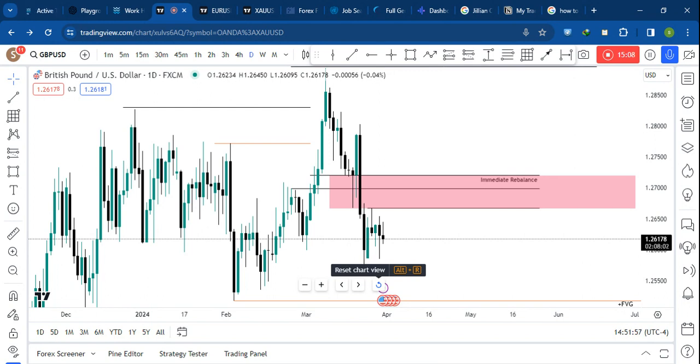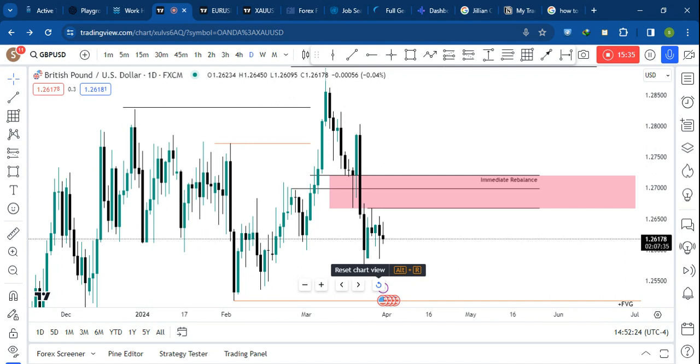Then you confirm it: has it taken any short term low or long term high? Those are what I consider a valid order block.